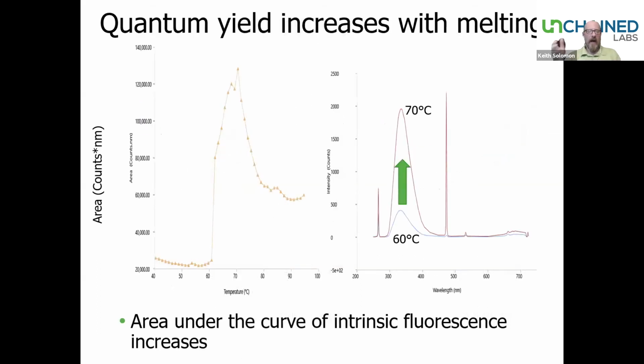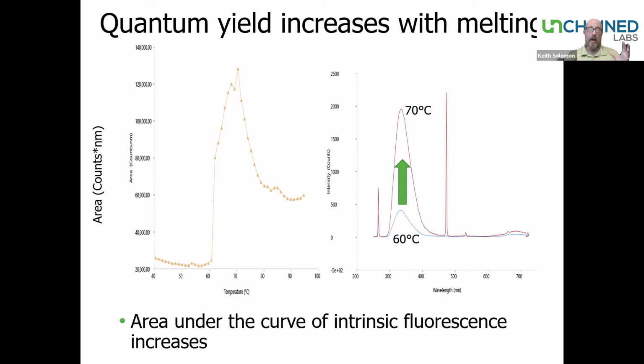Here's an example of that produced on the Uncle instrument. This is a protein that was heated from 15 to 95 degrees using a 0.5 degree ramp rate. We're only showing the part of the thermogram from 40 to 95 degrees because the uninformative part of the spectrum was not necessary to show this point. In this case, as opposed to using BCM, we're plotting the change in fluorescence using area under the curve, essentially emission spectrum area analysis, which is a very sensitive technique for looking at quantum yield.